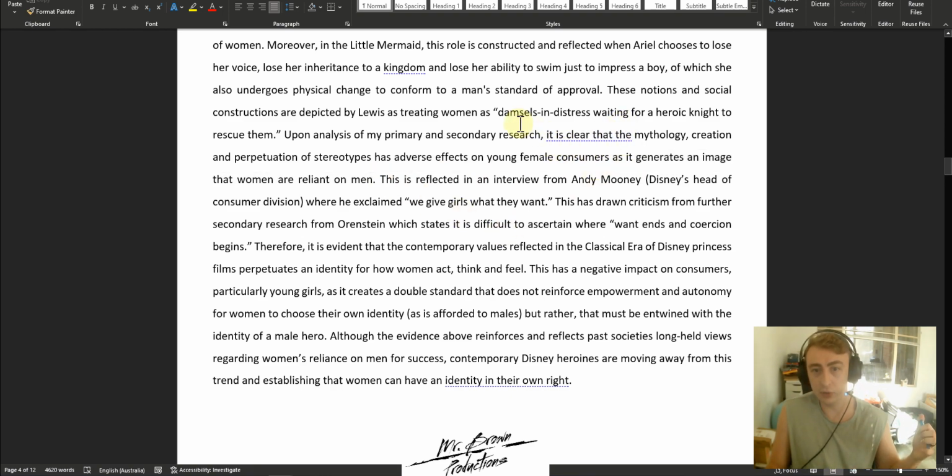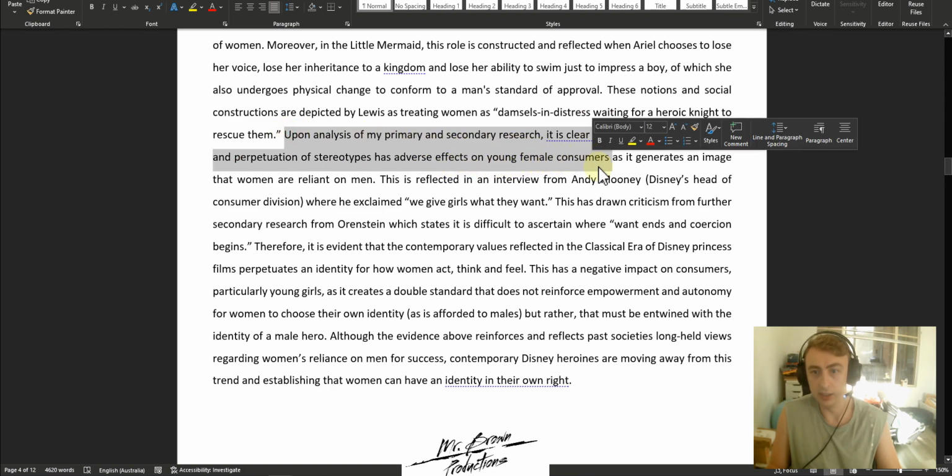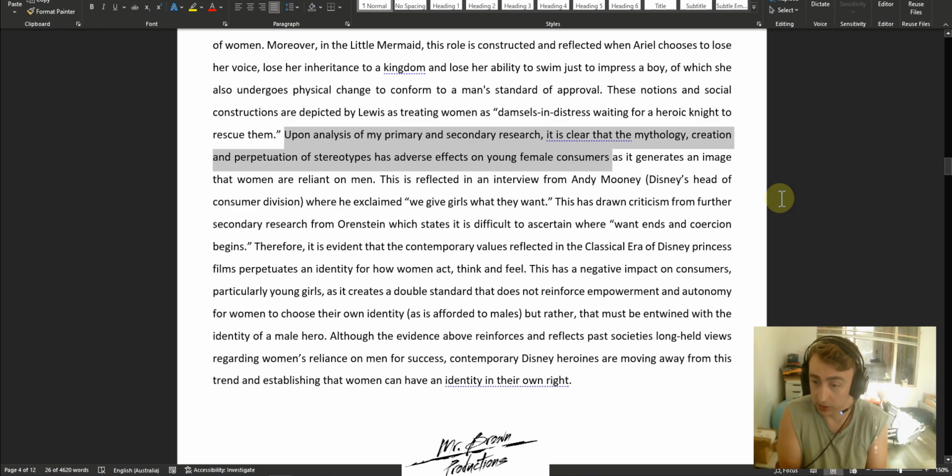So here where they've gone deep in their analysis, if this sentence just ended here, which sometimes it does for a lot of students that I've read, they don't go deep enough. If we just said, upon analysis, it is clear that the creation and perpetuation of stereotypes has adverse effects on young female consumers. Full stop. It's not quite deep enough.